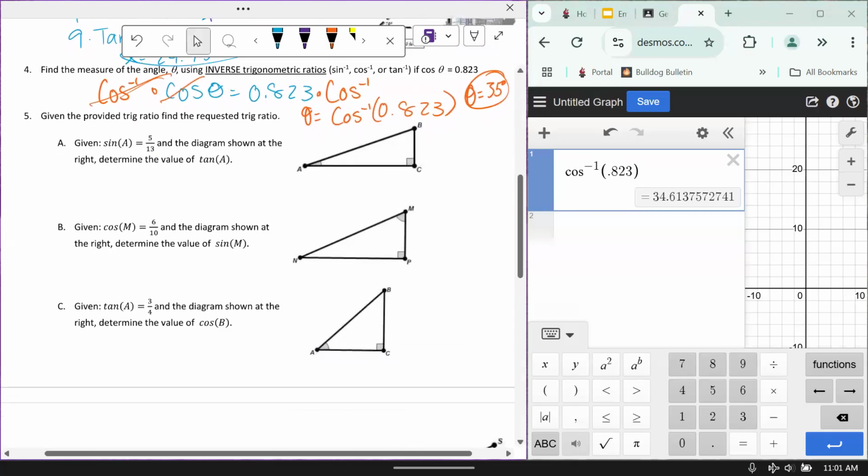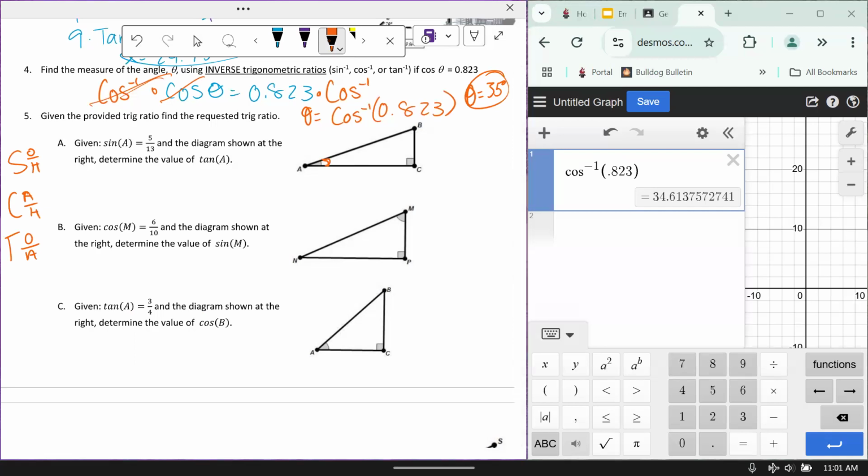Number 5, given sine of A equals 5/13, use the diagram to determine the value of tangent of A. Here's our A, opposite, and TOA. We haven't rewritten it in a minute, so we'll do that.